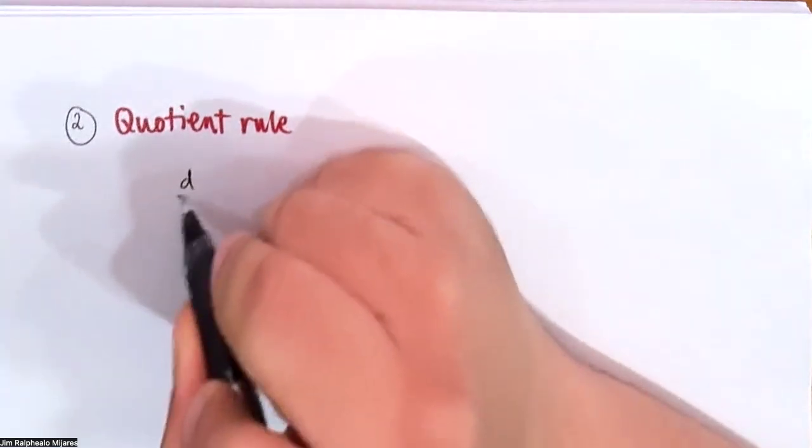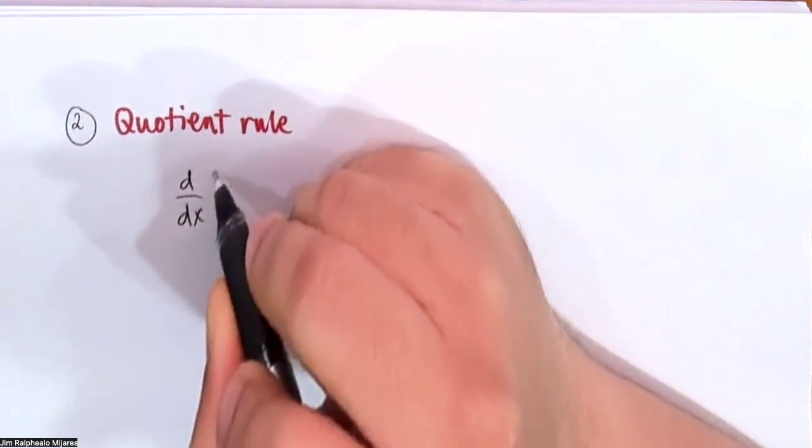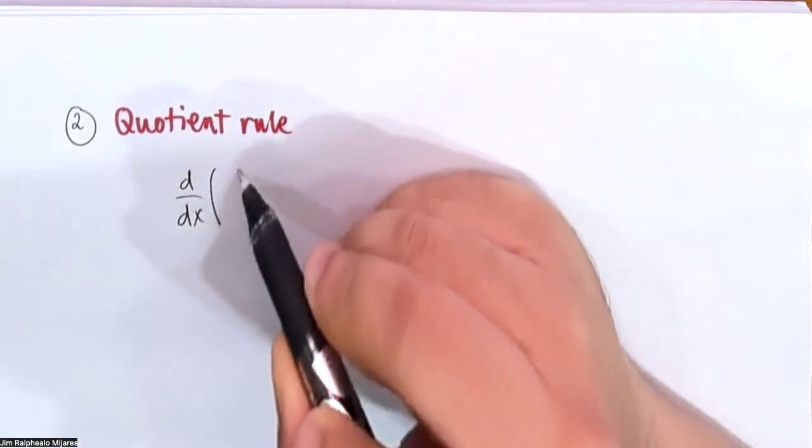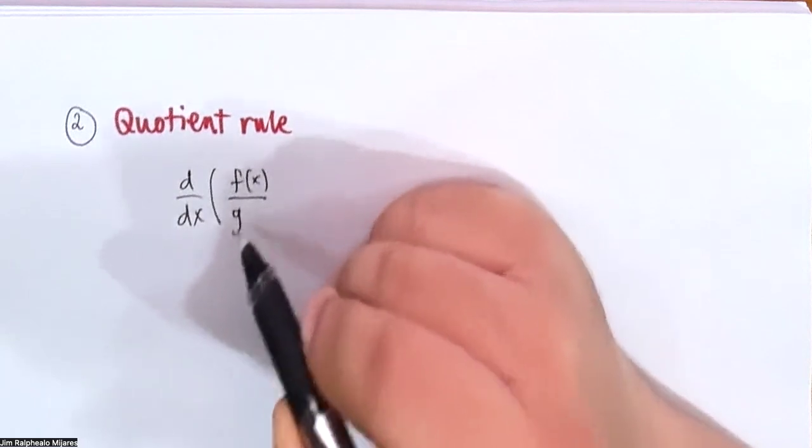Like the product rule that tackles the derivative of a product of two functions, quotient rule is tackling the derivative of a quotient of two functions. So f of x over g of x.